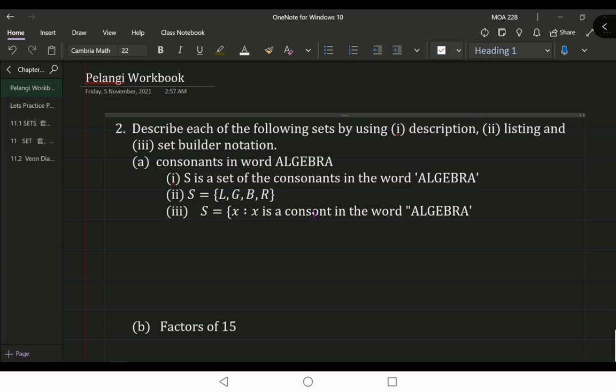Okay, algebra. So you need to cross places. Okay, write down like this.